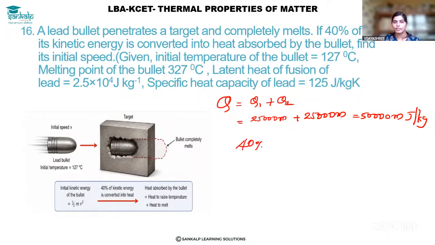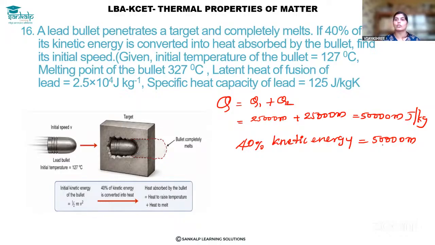40% of kinetic energy is equal to ಎಷ್ಟು ಆಗಿದ್ರೆ 50,000 m ಆಯ್ತು ಅಲ್ವಾ. 40% of kinetic energy is equal to 50,000 m ಆಯ್ತು, right? 40% of kinetic energy get converted into heat energy ಅಂತ ಹೇಳಿದ್ದಾರೆ.